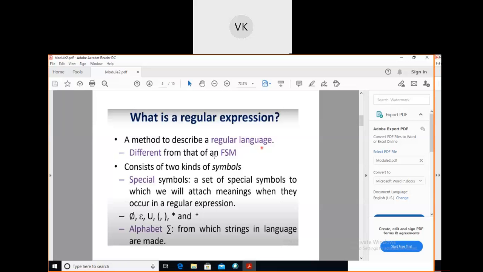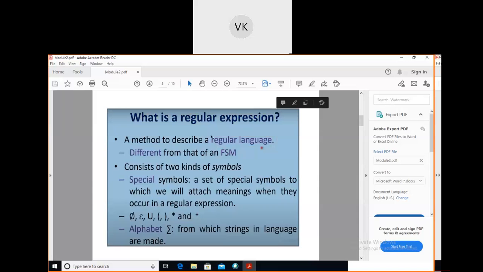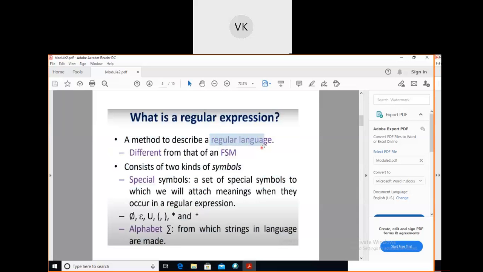We are going to describe the regular language with some mathematical expressions. That is going to be called a regular expression. Both are the same. When we define something with an English-like statement, that is called a regular language.